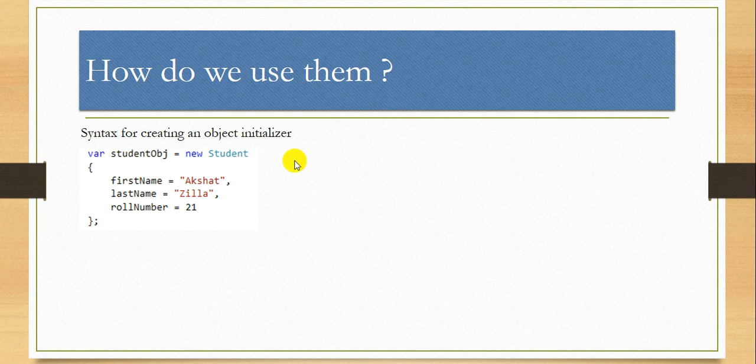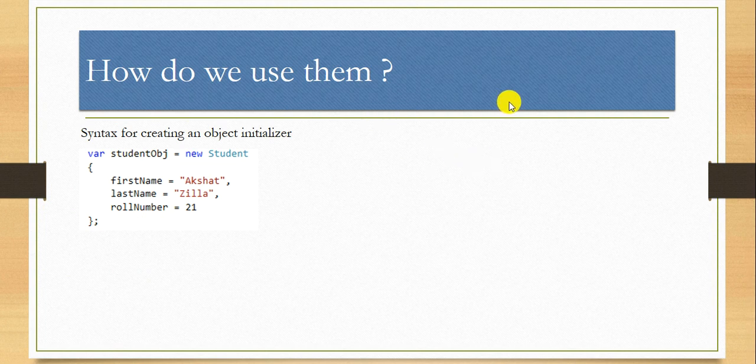So var or the class name, object name, assignment operator, new keyword, class name, and then instead of a bracket and a semicolon like we used to do, in the next line you should put in curly braces, and then you can assign the values or initialize your fields inside those curly brackets. And here, after the second curly bracket, you should put a semicolon.